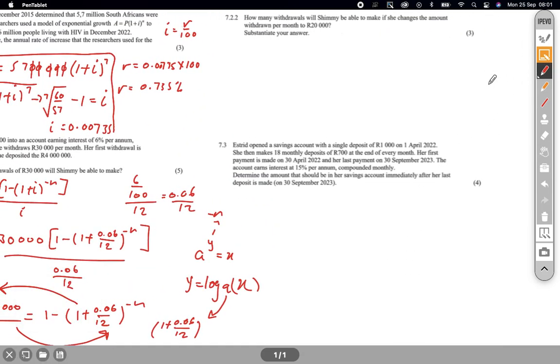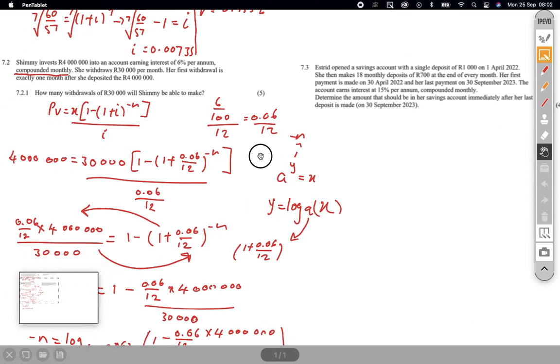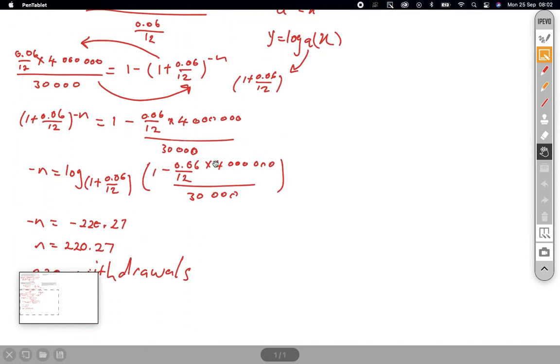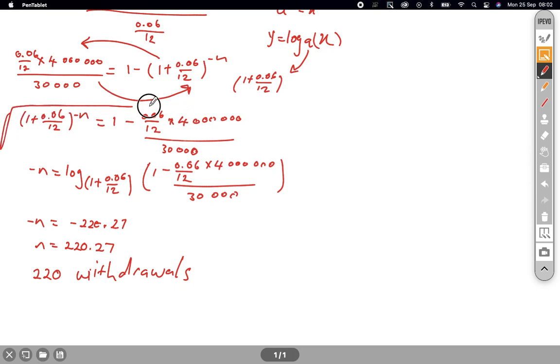Okay, so now how many withdrawals will Shimi be able to make if she changes the amount withdrawn per month to 20,000? Okay, so as you can see, this will be the same working out as what we have over here. So we can just take it from this point.